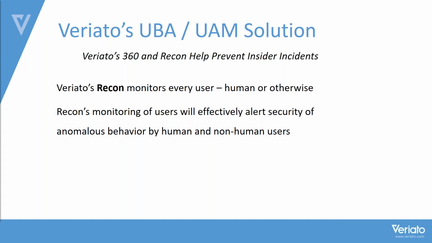What we're doing with Veriato 360 Recon, we're monitoring every user that's in the environment. So we're automating what's happening out there. We're automating some of these processes. We're monitoring what's actually happening for those users, or anything that happens on a machine based on a keyword alert or something that's typed on a keyboard, or emails that are being accessed, or websites that we're going to.